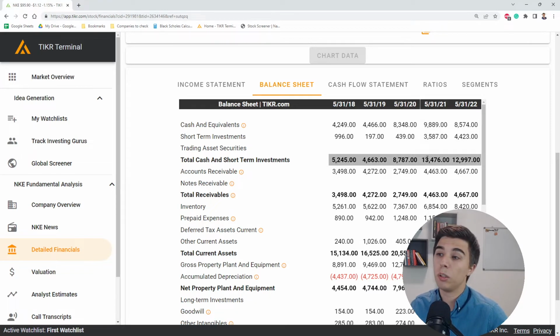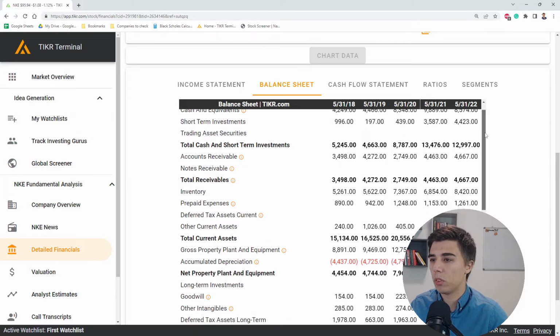So having 13 billion, which is, I'd argue, a significant amount, not being in use, it's not producing a lot. The short-term investments, a couple of percents a year, that's really not much. So I would like to see Nike put these into use and not have them on the balance sheet, maybe it's just for extra security, but this is really a high amount.